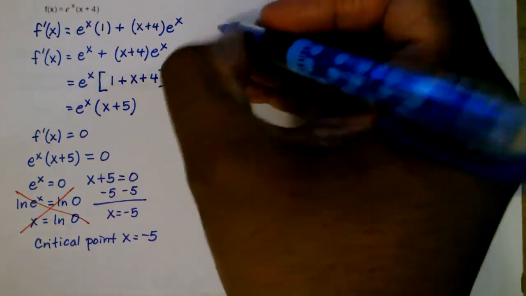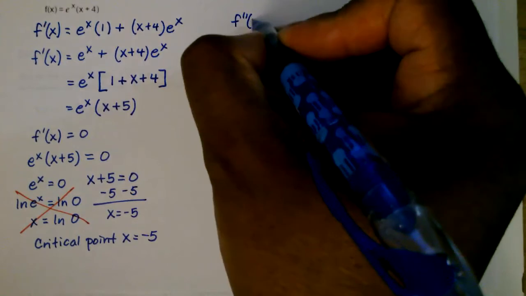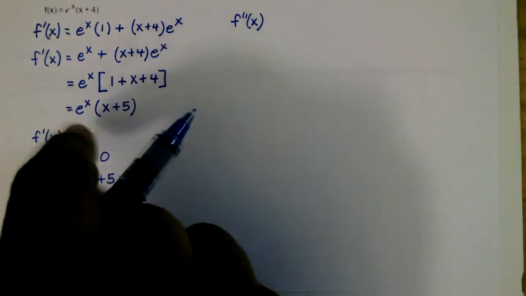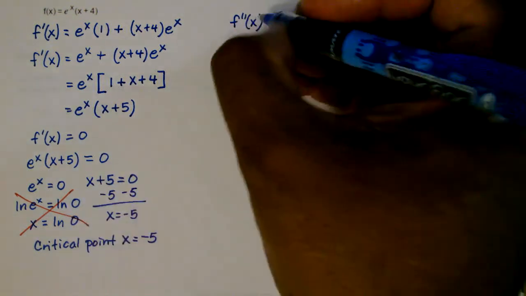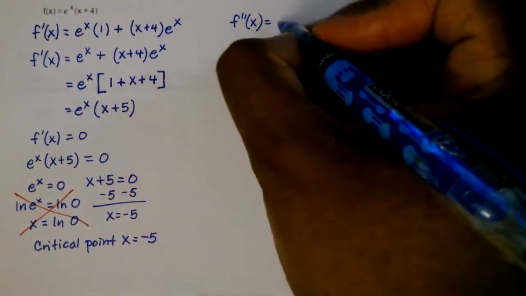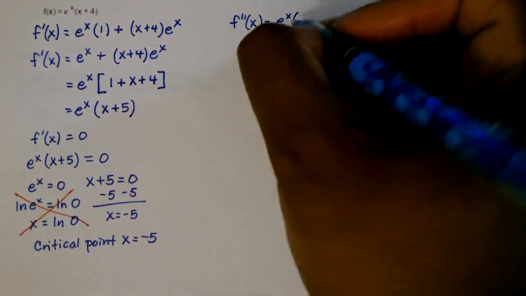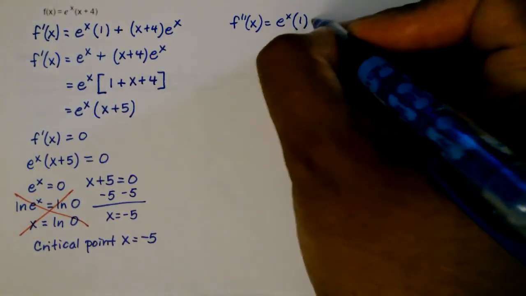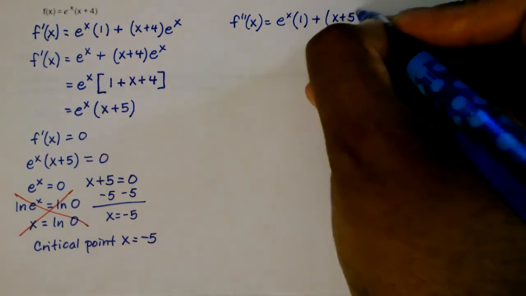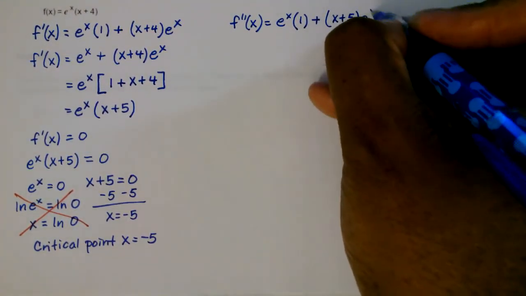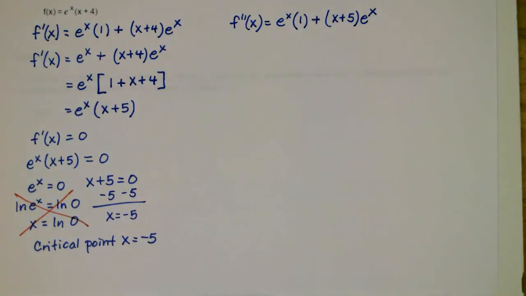All right, now I need f double prime of x. This is what f prime of x is, e to the x times the quantity x plus 5. Again, I have to use the product rule. The first, which is e to the x, times the derivative of x plus 5, that's going to be 1, plus the second, which is x plus 5, times the derivative of e to the x, which is e to the x.